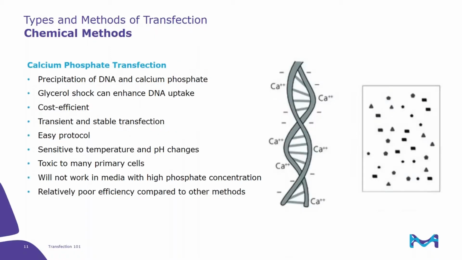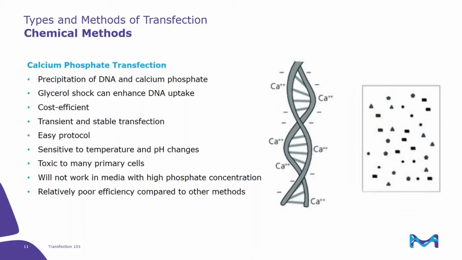The calcium phosphate transfection technique involves the precipitation of DNA and calcium phosphate. The precipitation is facilitated by mixing a Hepes-buffered saline solution with calcium chloride solution in DNA. Glycerol shock is often used to enhance the DNA uptake in certain cells.